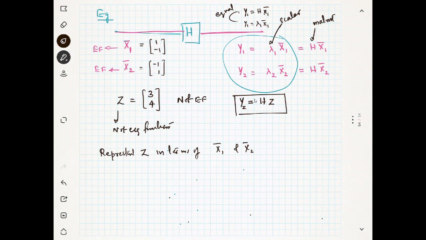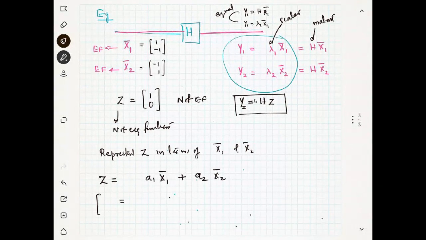Let's say my input is 1 and 0, more simple, I don't want to complicate this. Then how to represent my z in terms of x1 bar and x2 bar? a1 into x1 bar plus a2 into x2 bar.